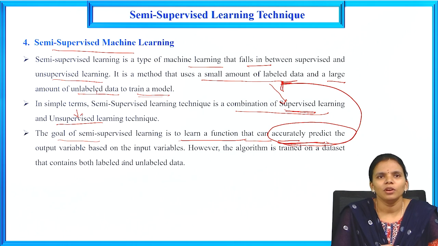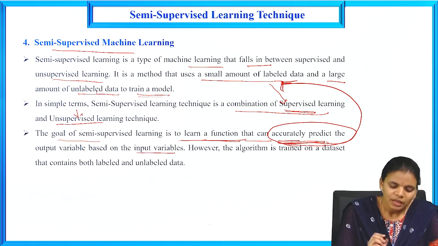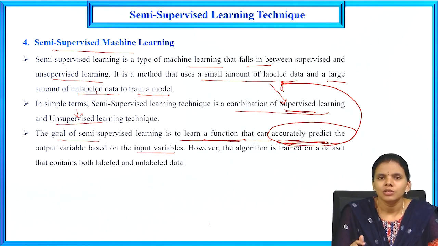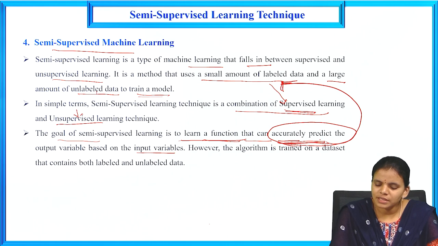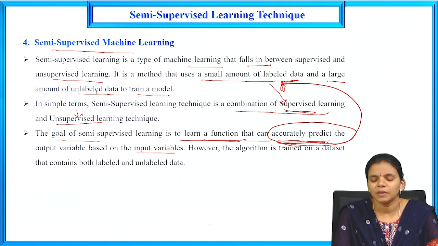The main goal of the semi-supervised learning technique is to learn a function that can accurately predict the output variable based on the input variables. So it means how a system can predict the output accurately. When we give a labeled data set for training, it will predict the output accurately.